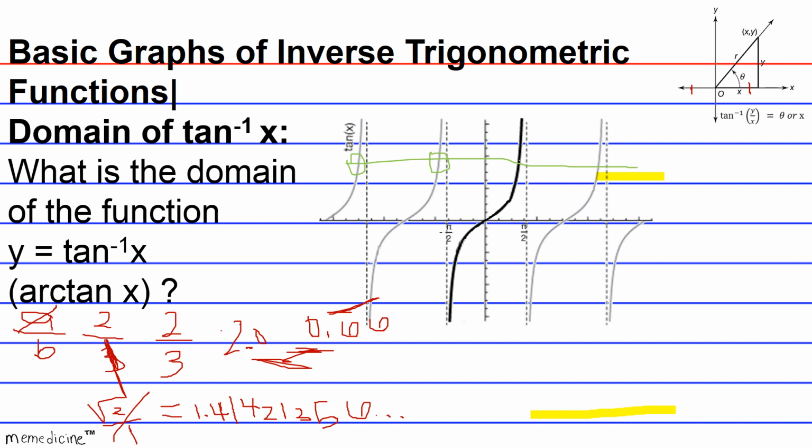And that's problematic for making a legit function out of the inverse tangent of x, because earlier I told you in order to generate the inverse tangent of x, you basically switch the range and domain of the tangent, or all the x and y values.